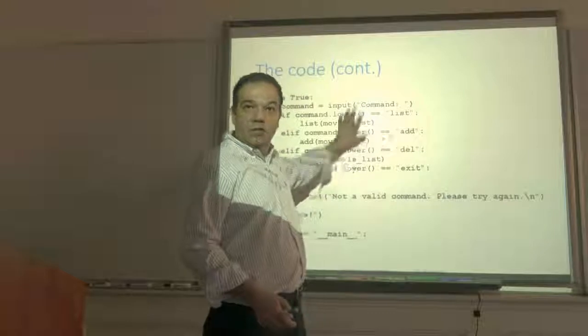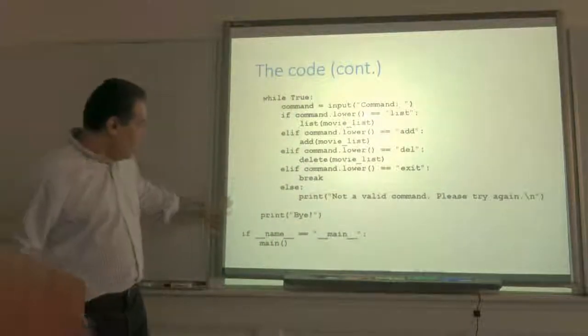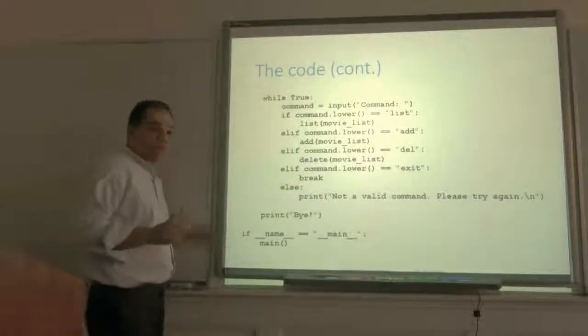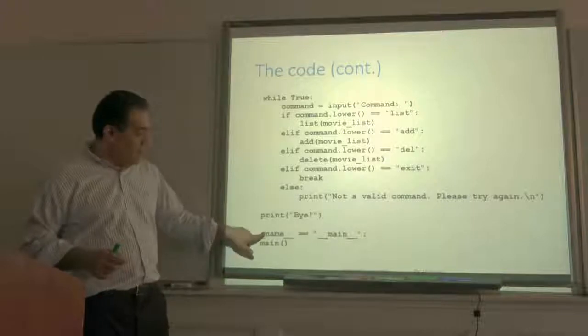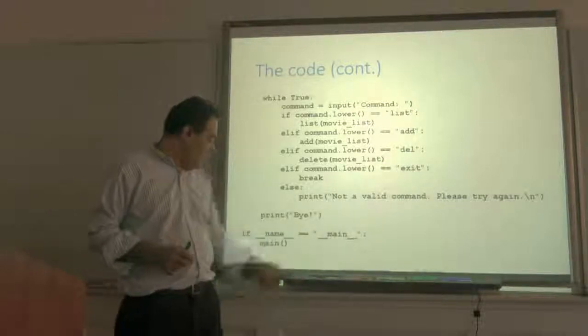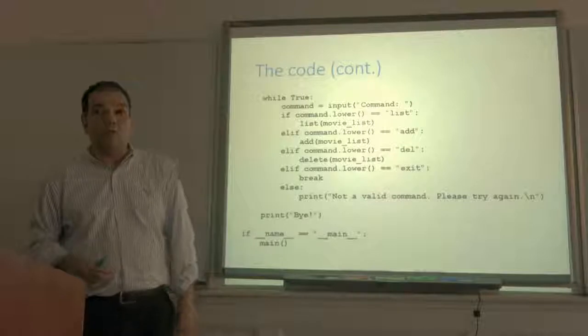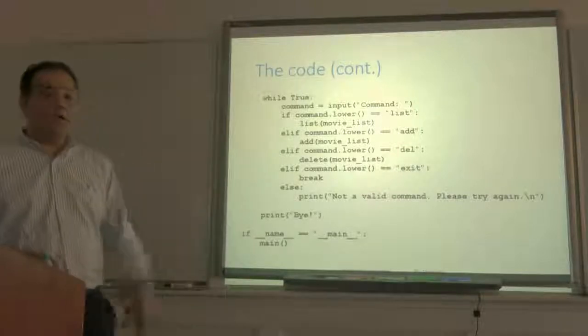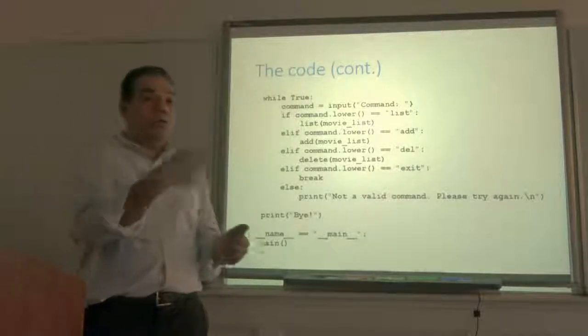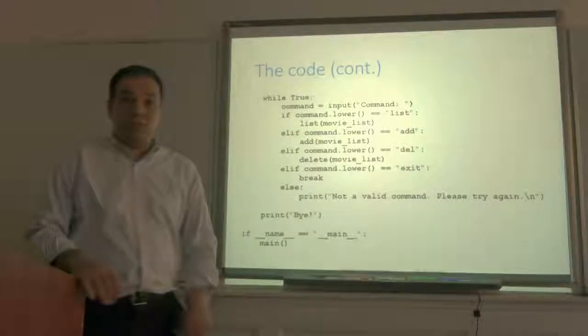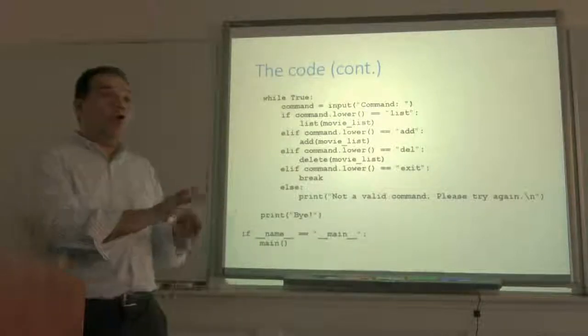To list the movies, and so on and so forth, right? And always in the main program, we start with if name equals main, then call the main. So the first thing called would be main, and then from the main we call the other functions. That's a nice structure.